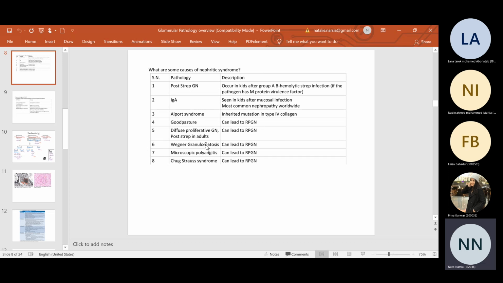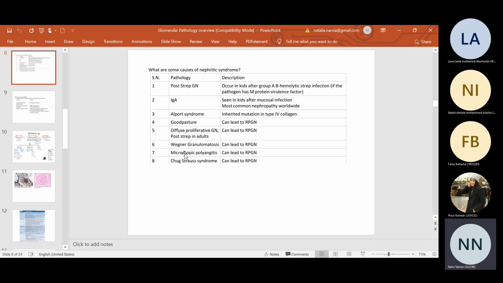Wegener's granulomatosis, you need to differentiate from Goodpasture because these two have a similar clinical picture. And you need to know that in Wegener's, in clinical history, you have sinus involvement, that is really high yield. And also next thing is, here is linear immunofluorescence, at least immunofluorescence positive, and here is negative. But you have in Wegener's C-ANCA positive. You remember the mnemonic from vasculitis.